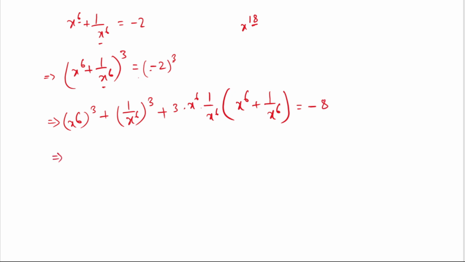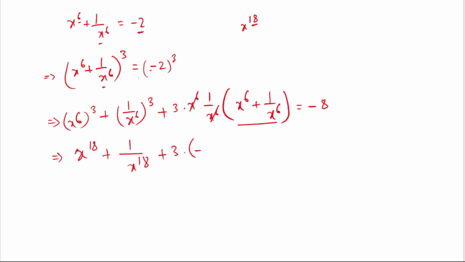Now we'll simplify it. x⁶ whole cube is x¹⁸, plus, likewise, 1/x¹⁸. Here x⁶ and 1/x⁶ get cancelled, so it is plus 3 times the value of this expression, x⁶ + 1/x⁶, which is negative 2.